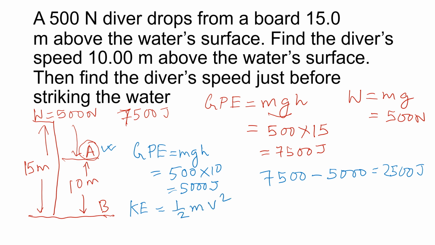Now this is the velocity at point A of the diver. We can write it as VA square. All right. Now let's put the value for kinetic energy on the left hand side, that's 2,500.